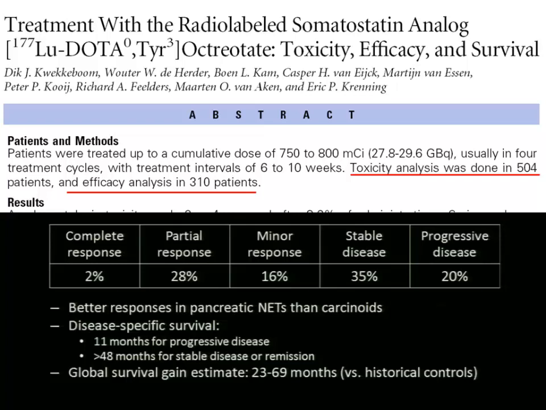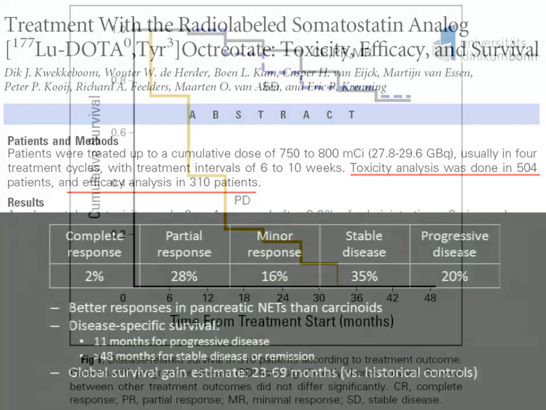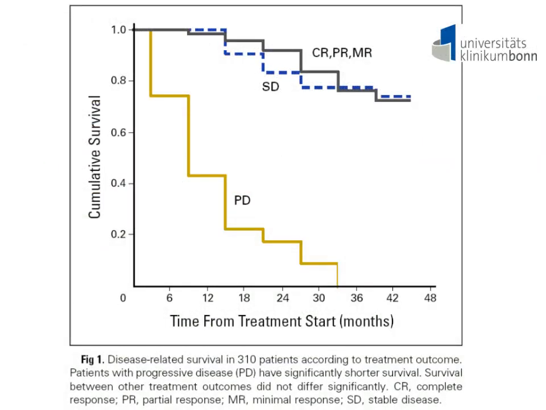Disease-specific survival was 11 months for progressive disease, but more than 48 months for stable disease or partial remission. And I show you here the Kaplan-Meier curve. You see there was no big difference between patients who showed stable disease, partial response, or a minor response, but a big difference for patients who showed progressive disease.